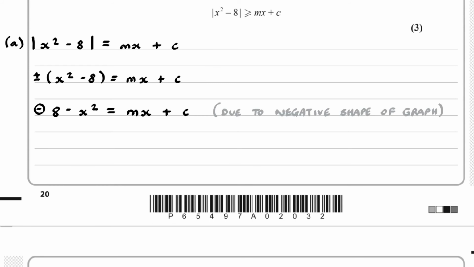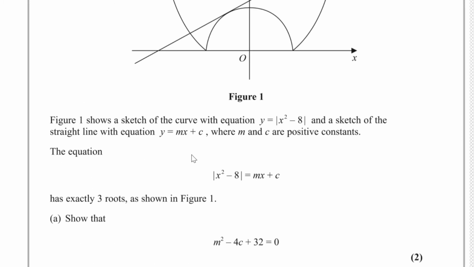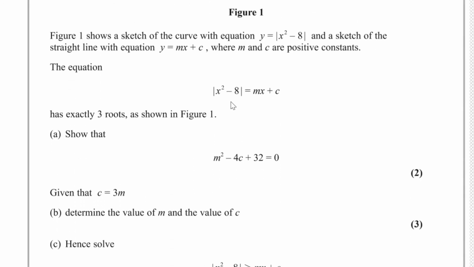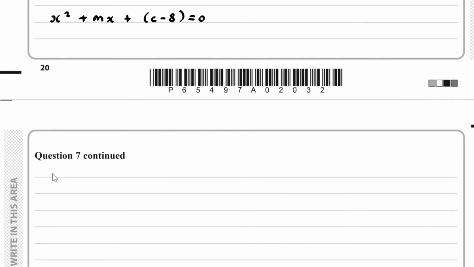So we have x squared plus mx plus c minus 8 equals 0, and because we see that this line touches the curve exactly once, at that point we need to set the discriminant equal to 0.